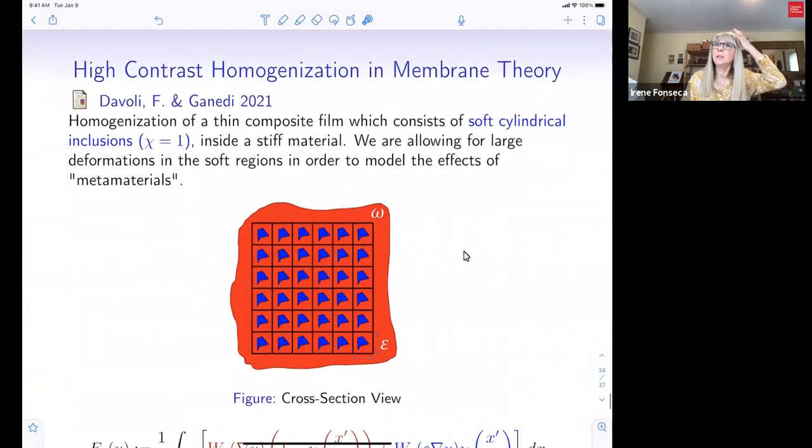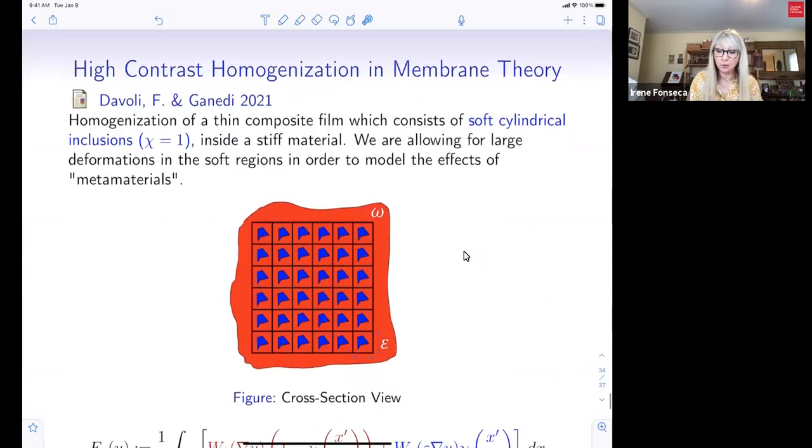So finally, I want to now wrap up with work which is going on. Right now we don't have it written yet, with Elisa Davoli and my current PhD student, Liquid Kennedy. So what we are doing here is now high contrast homogenization in membrane theory.